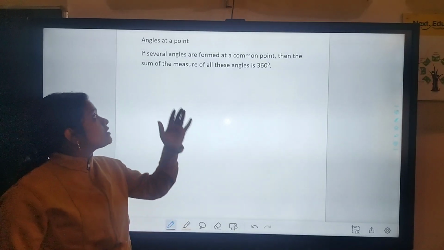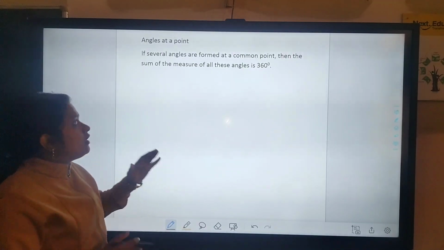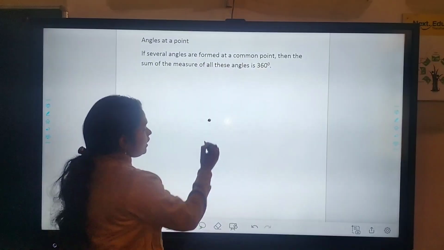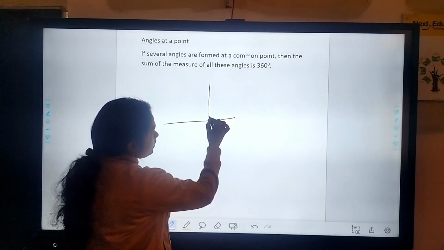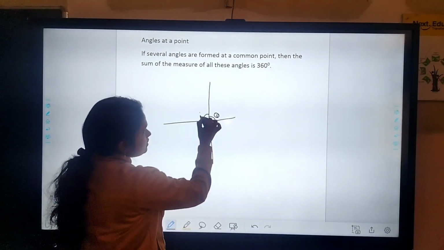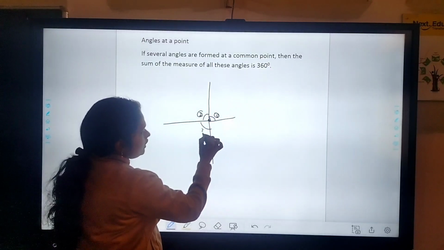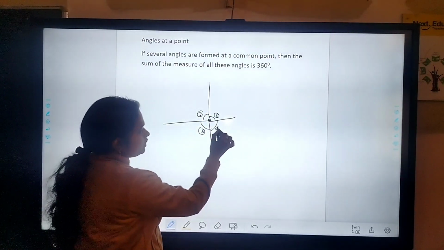Now we are going to discuss the angle at a point. This is the point and I made one line. Another line is this, and this is the first angle, this is the second angle, this is the third angle, and this is the fourth angle.